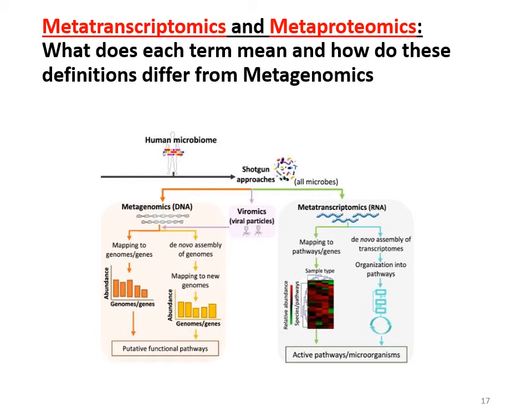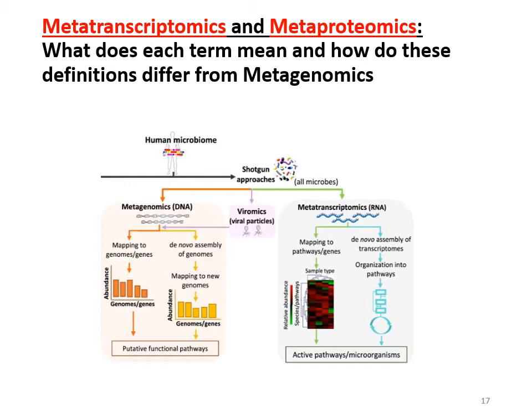Now, beyond that, the next step would then be looking at metaproteomics, which is, of course, going to the protein level. So now you're looking at the diversity and abundance of proteins in the community, which, like I said before, is very valuable when you consider that enzymes are an example of proteins.